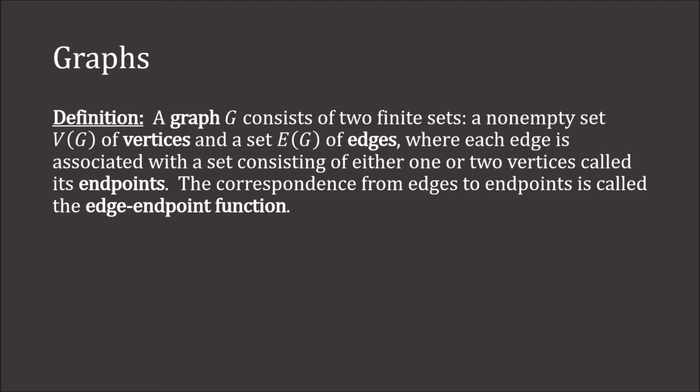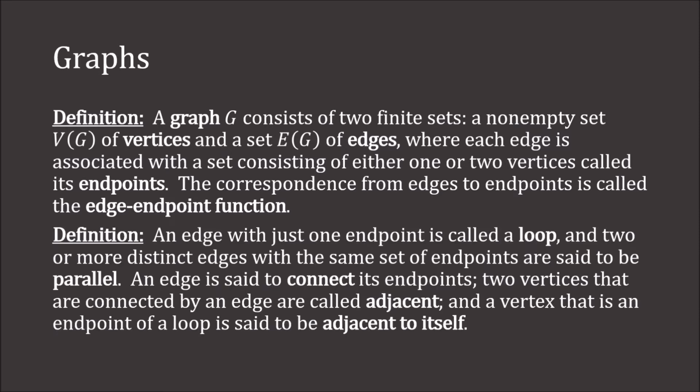The correspondence from edges to endpoints is called the edge-endpoint function. An edge with just one endpoint is called a loop, and 2 or more distinct edges with the same set of endpoints are said to be parallel.